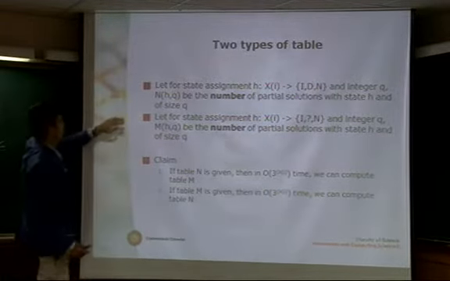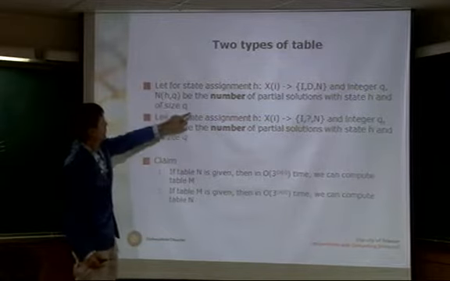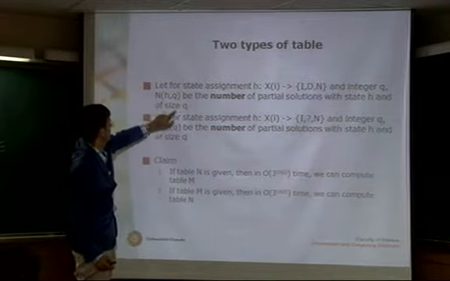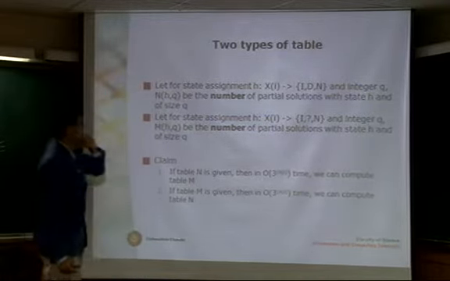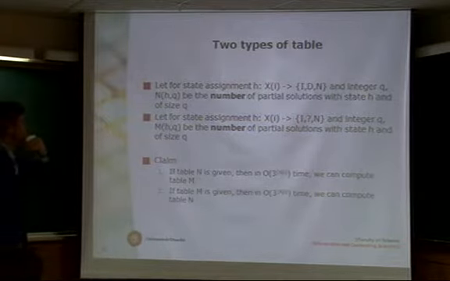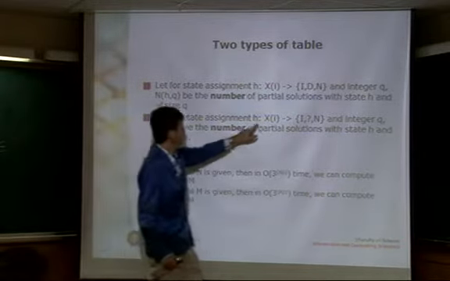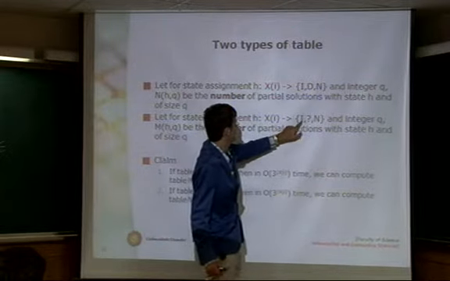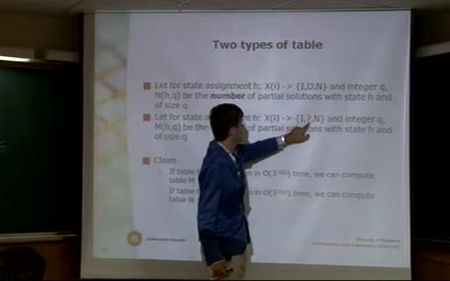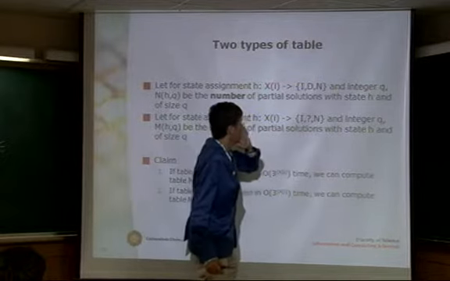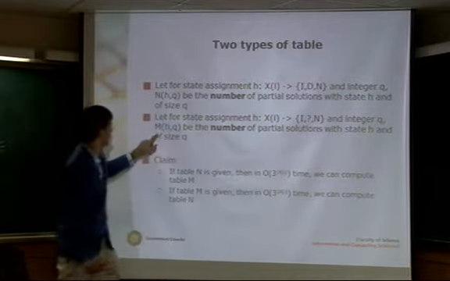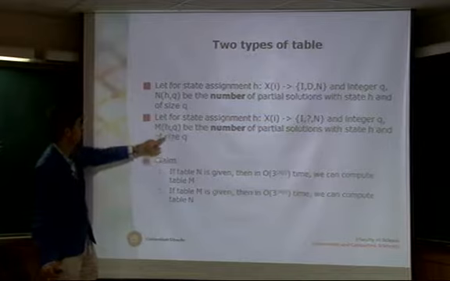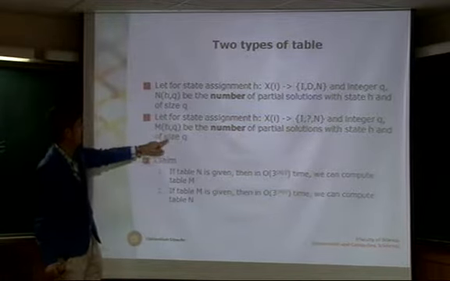This gives me a table where N(H,Q) is the number of partial solutions with state H and of size Q. But I can also have, for a state assignment, which maps every vertex to in the dominating set, I don't know, and not in the dominating set, and a size Q, I can compute the number of partial solutions with that type of state and size Q.